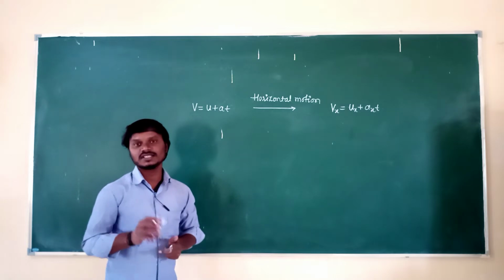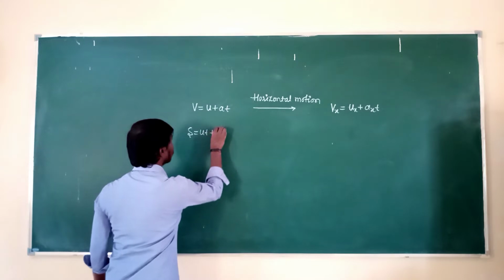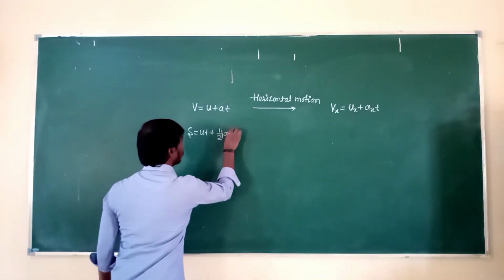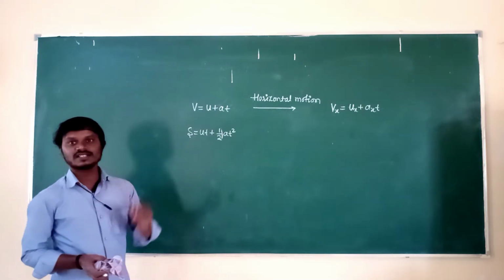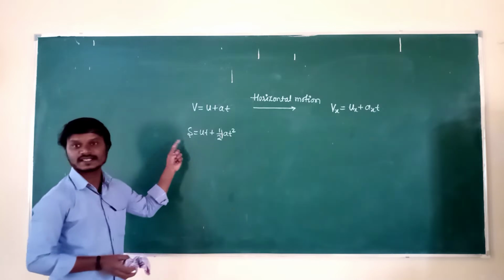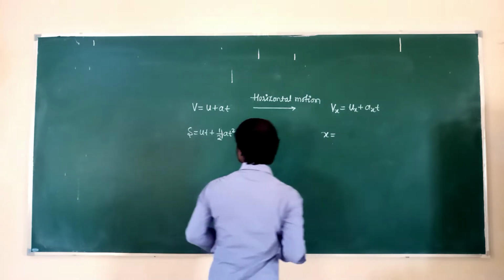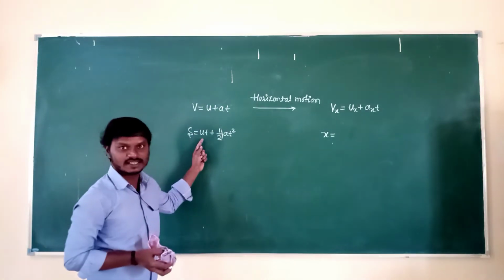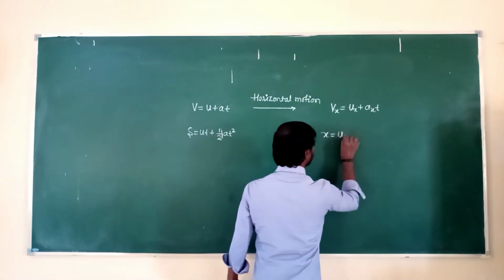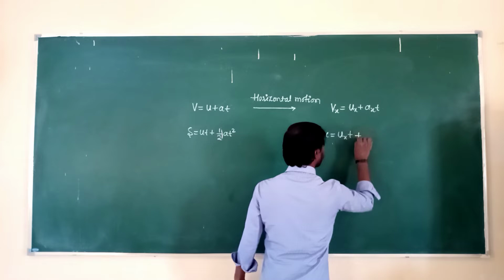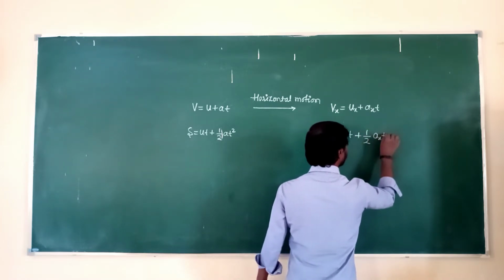What is the second kinematic equation? That is s is equal to u into t plus 1 by 2 a t square. You have already learned about this. Then the distance travelled in horizontal motion can be represented by x. So x is equal to the initial velocity taken along the x-axis, that is ux into t, plus the acceleration taken along the x-axis, that is 1 by 2 ax into t square.